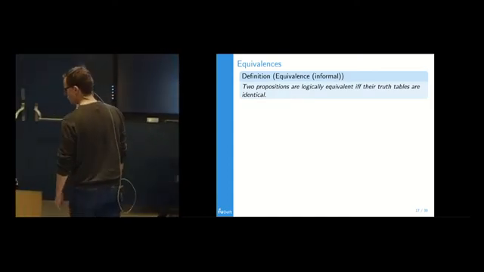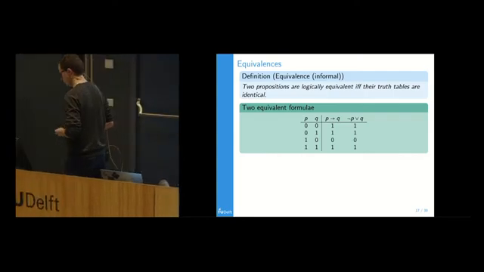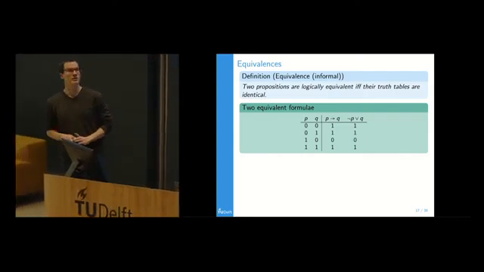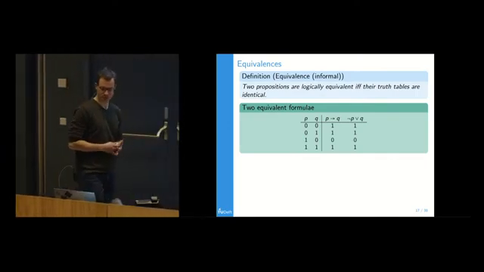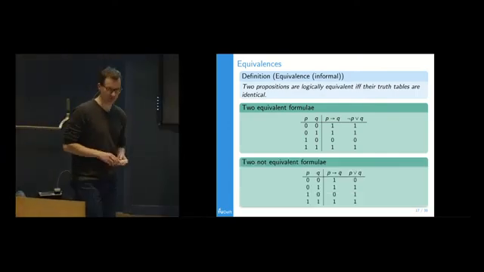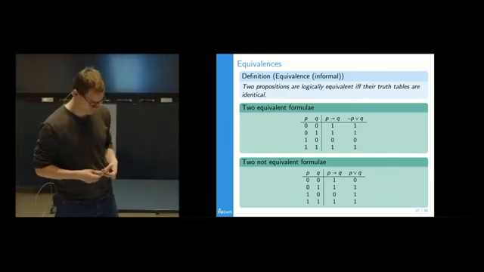What does that mean? Well, it means that, for example, these two formulas, P implies Q and not P or Q, they are equivalent because their truth tables are the same. These two formulas, P implies Q and P or Q, they are not equivalent because their truth tables are different.